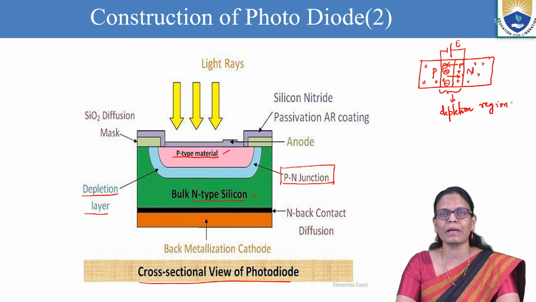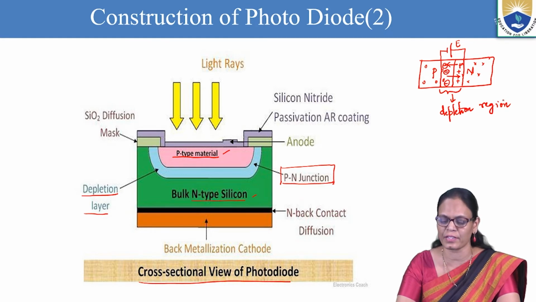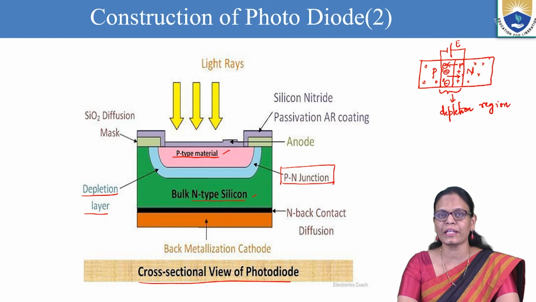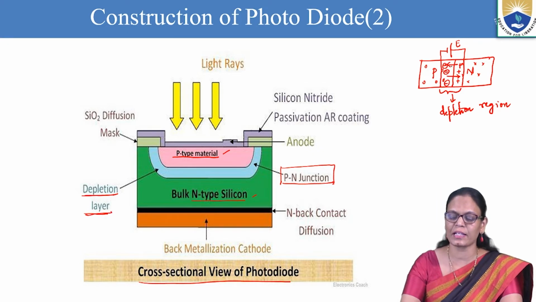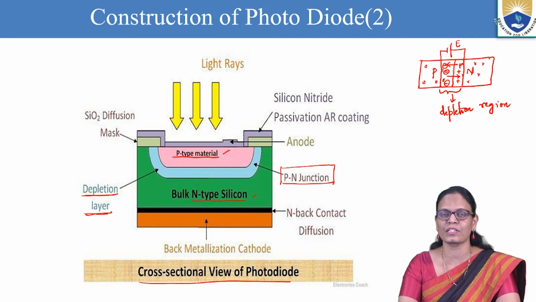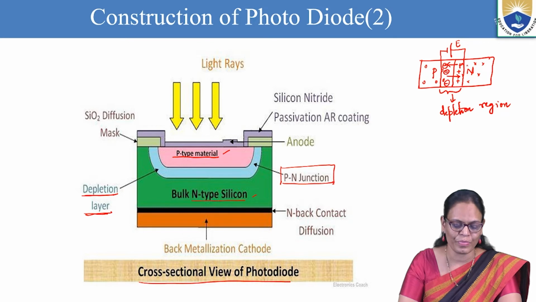What do we understand by depletion region? A region which is depleted, which is free of all the charges. There are no free charge carriers here, so a barrier is formed. So the depletion layer is a region where there are no free charges, only immobile ions present.